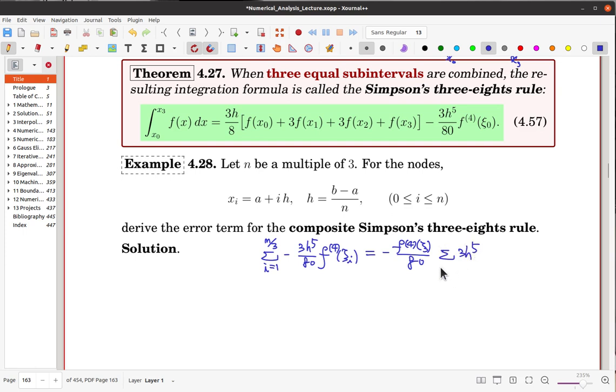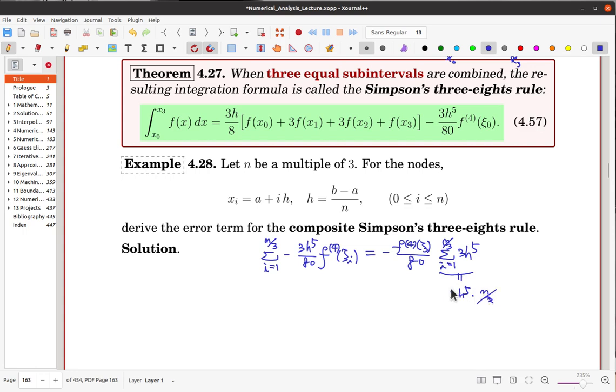Since i is from 1 to n over 3, this portion becomes 3h to the 5 times n over 3.